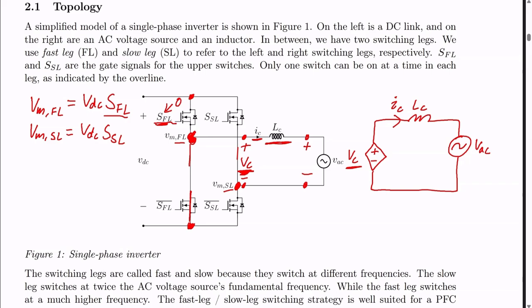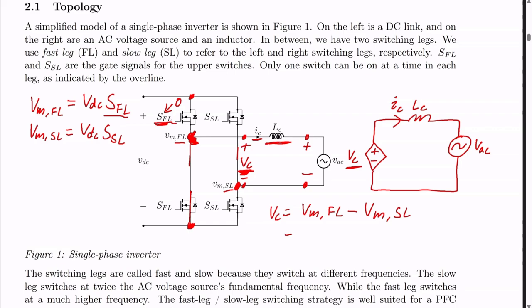So you can see that to get this voltage VC, we can take the fast leg voltage and then subtract the slow leg voltage. So VC is equal to VM_FL minus VM_SL.